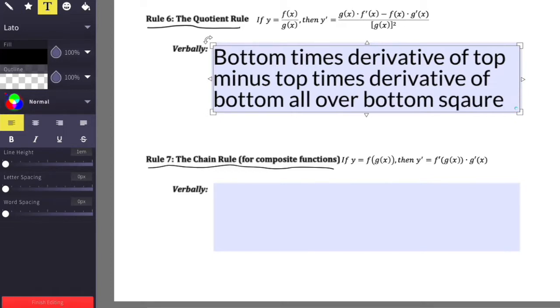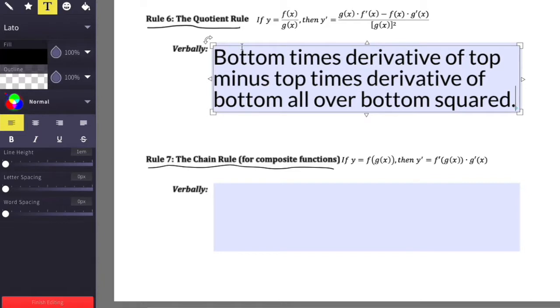And if you can memorize that phrasing, say it to yourself a few times and always recall it when you need the quotient rule, it's not going to be that hard to carry out. But until you memorize that, it is going to look pretty complex. Just like staring at that formula, it looks confusing. But I'm telling you, once you memorize this saying, we're doing the bottom function times derivative of the top minus top times derivative of bottom all over the bottom function squared.